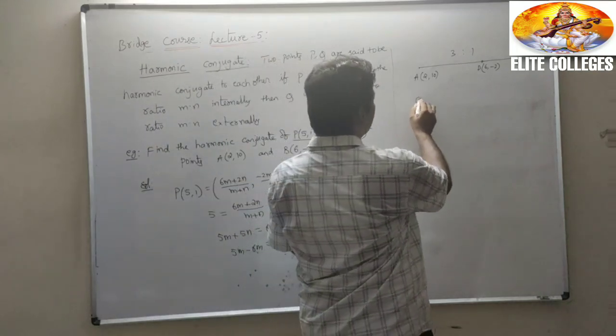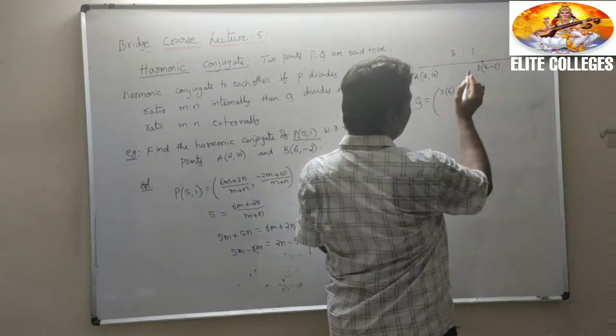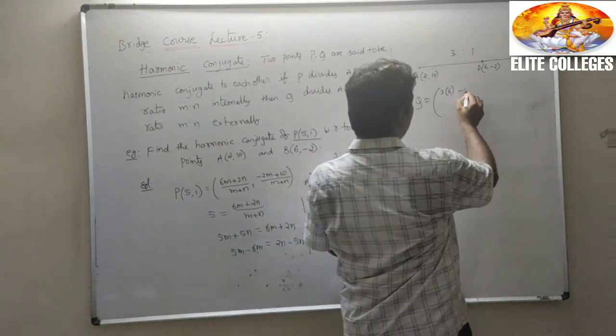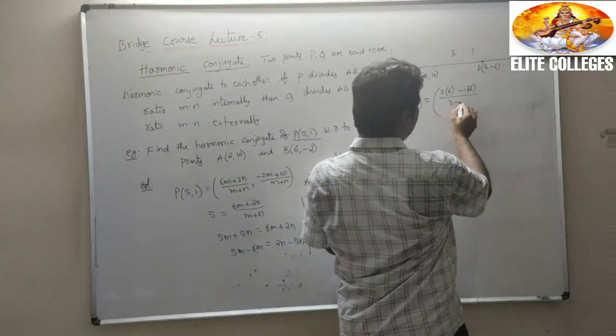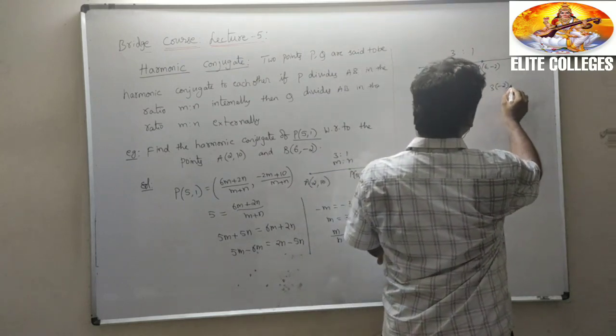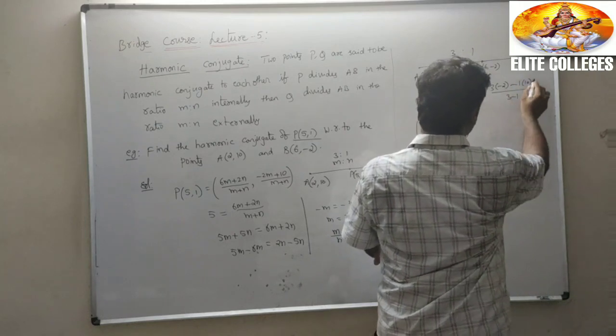Now what is the point Q? For external division, (m x2 minus n x1) by (m minus n): (3 into 6 minus 1 into 2) by (3 minus 1), comma, (3 into minus 2 minus 1 into 10) by (3 minus 1).